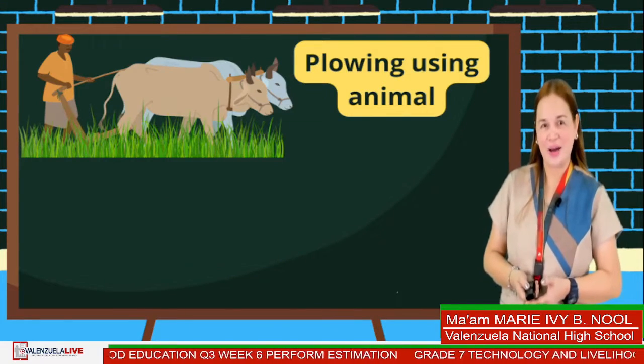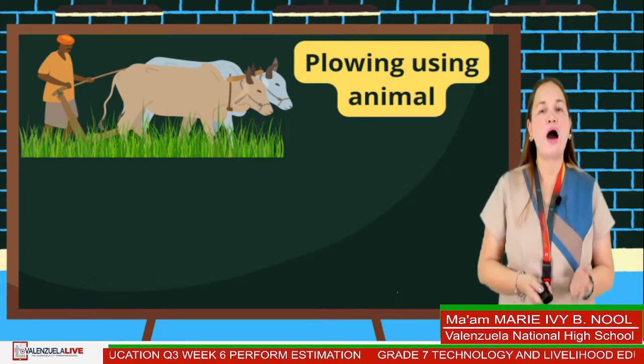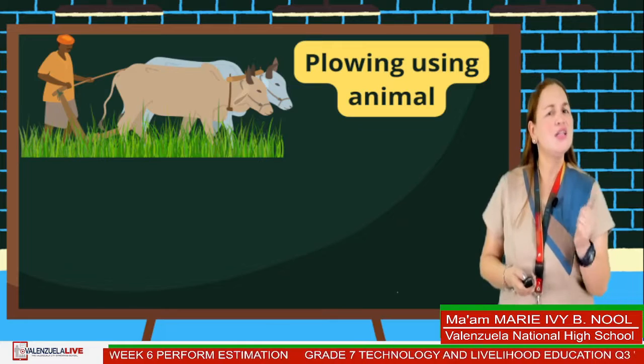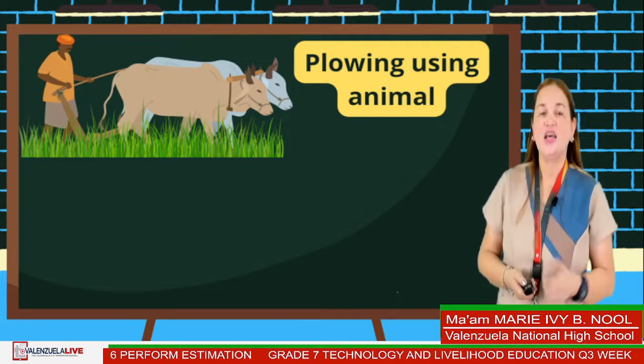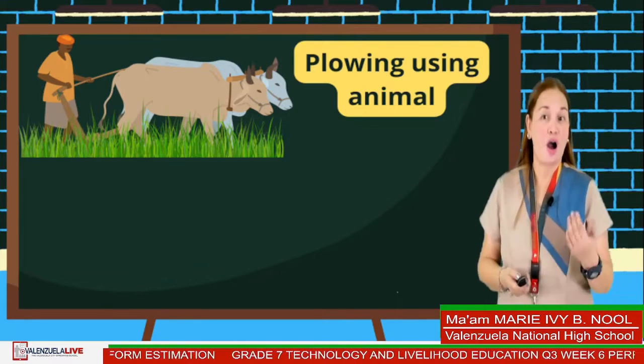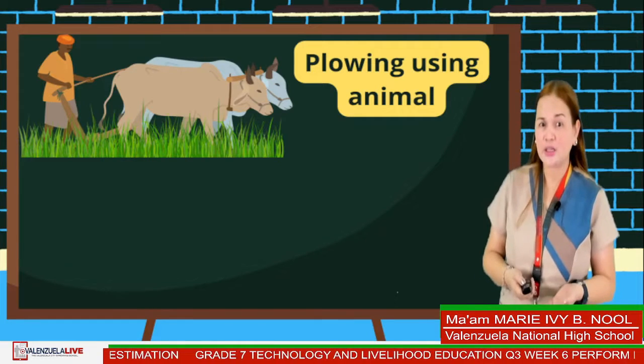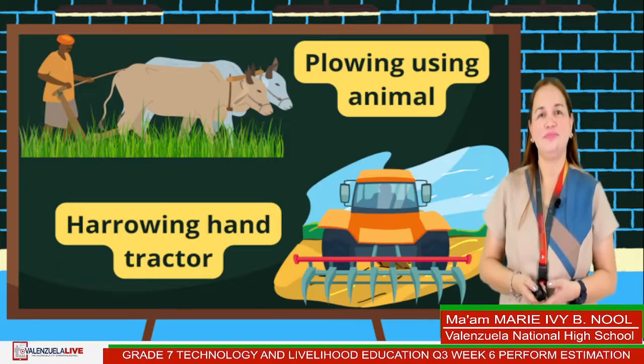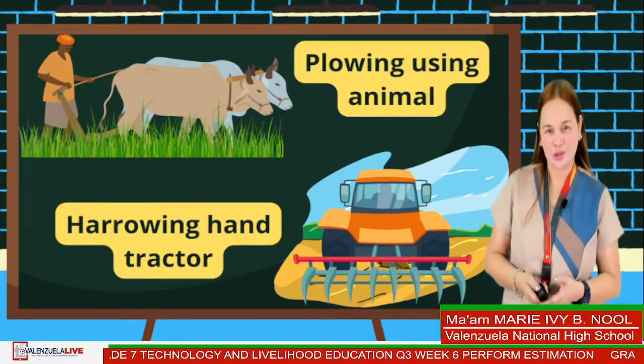Plowing using animal. Plows were initially powered by humans, but the use of farm animals was considerably more efficient. The earliest animals worked were oxen. Later, horses and mules were used in many areas. Harrowing hand tractor.